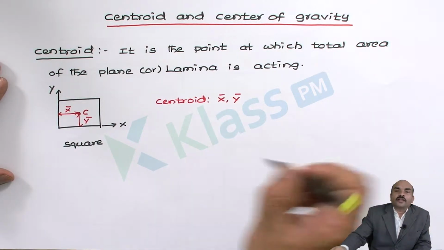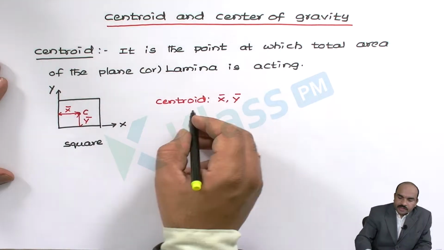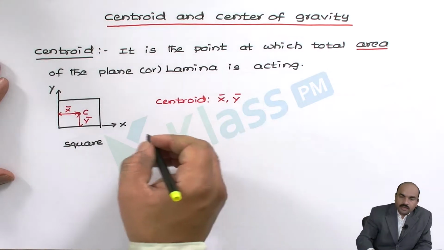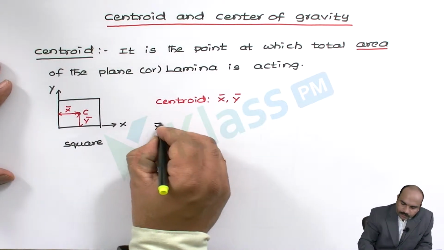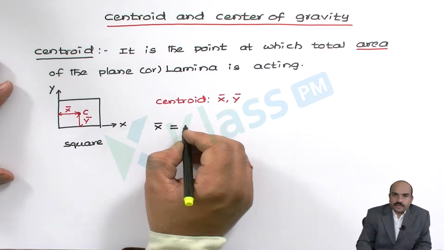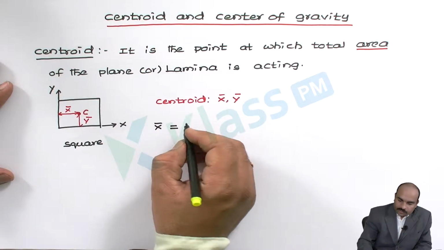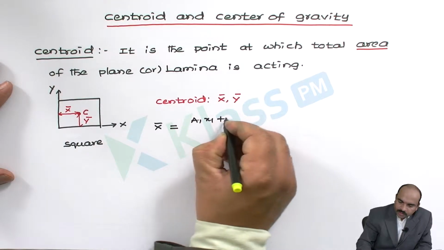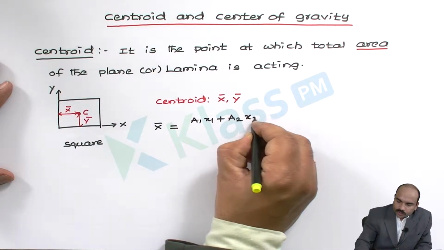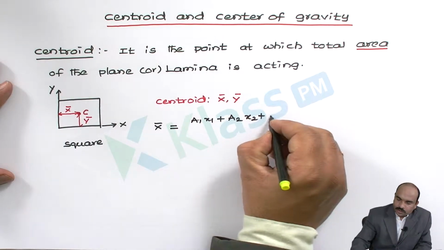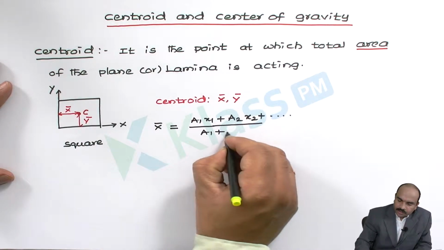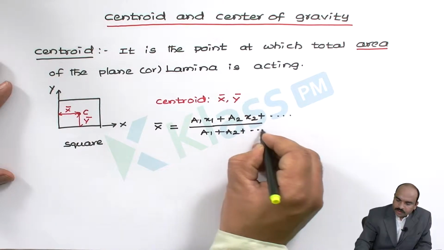Now we can calculate the centroid x bar, y bar for areas with the help of a simple formula that is given here. X bar is the x centroid. We can calculate it with the formula a1 x1 plus a2 x2 plus so on, divided by a1 plus a2 plus so on.